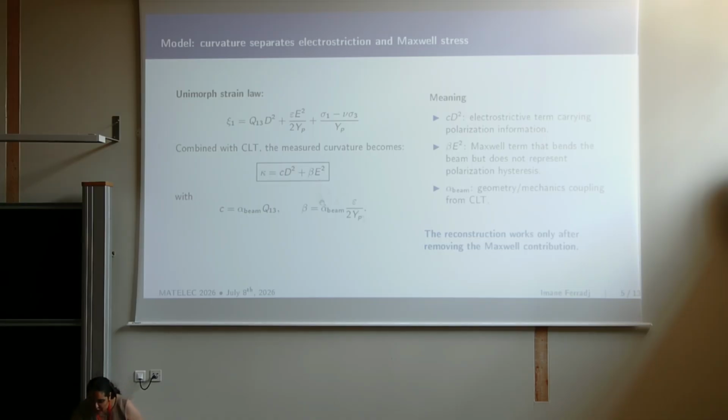And beta here is simply the alpha beam, once again, multiplied by other physical material parameters.